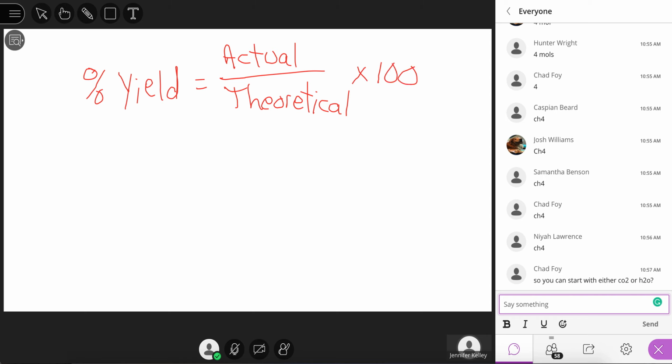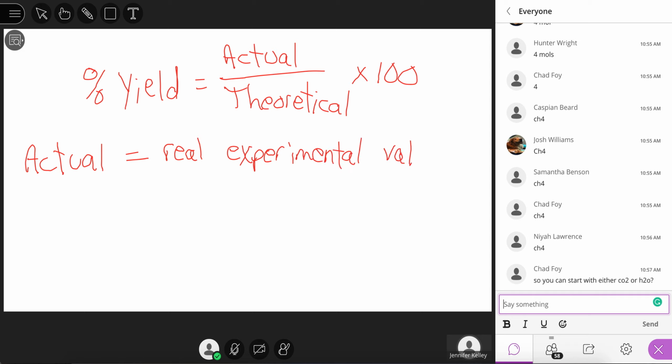All right, so actual is the amount that comes from the real experiment. Theoretical is the amount from math.